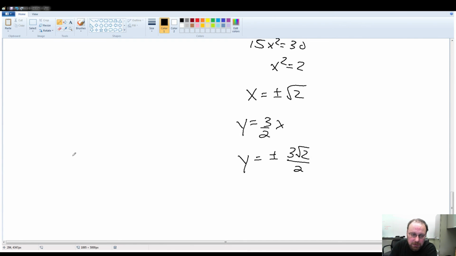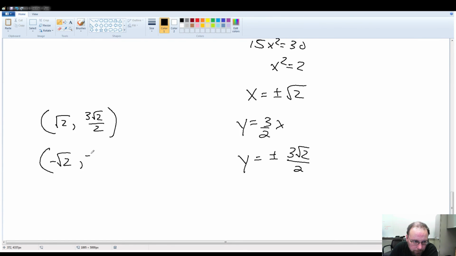Alright, so that gives me 2 critical points on the boundary, right? We get x is positive square root of 2, in which case y has to also be positive, 3 times square root of 2 over 2, or x is negative, and so y would also be negative. Okay, so those 2 critical points, if we scroll up, are kind of kitty corner to one another, right?